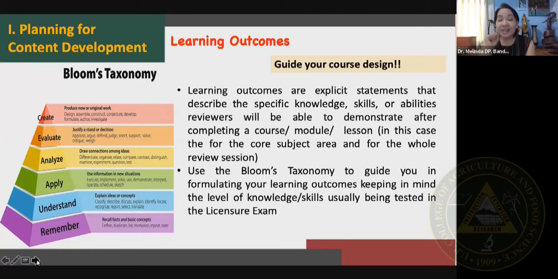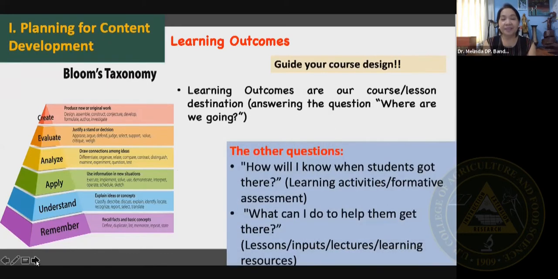Okay, so learning outcomes are explicit statements that describe the specific knowledge, skills, or abilities for them to be able to demonstrate that they have completed the lesson. Okay? So use the Bloom's taxonomy to guide you in formulating your learning outcomes, keeping in mind the level of knowledge and skills usually being tested in the licensure exam. Okay?